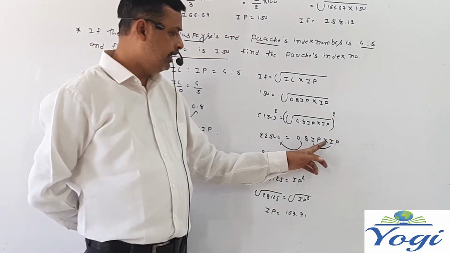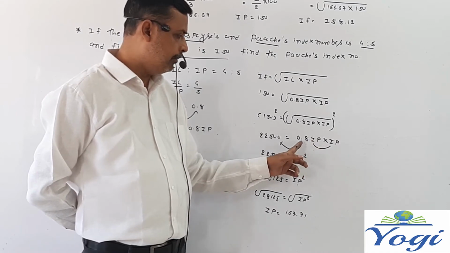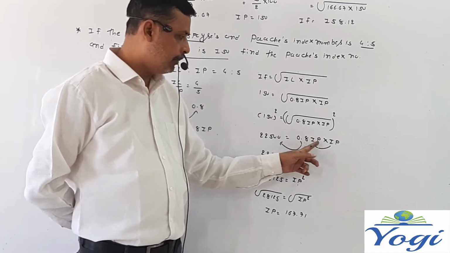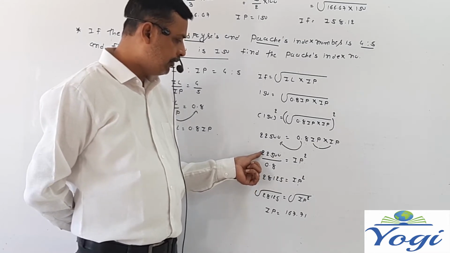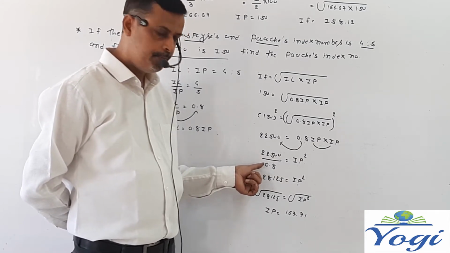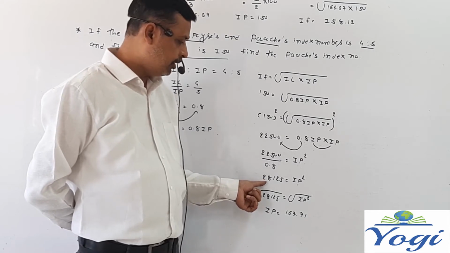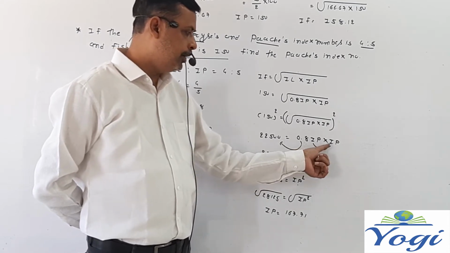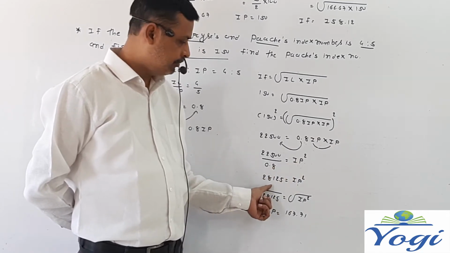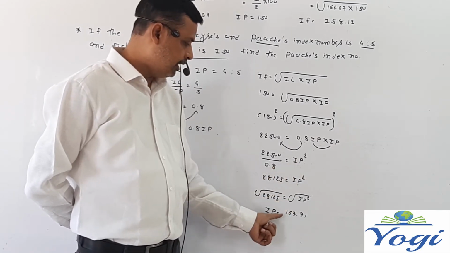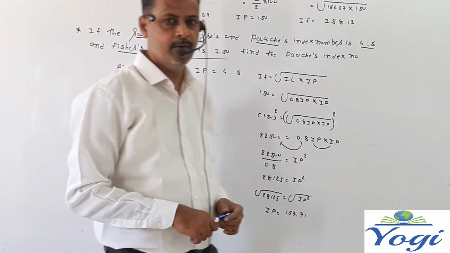Now 0.8 is in a multiply relation, and we change the relation. The multiply relation becomes divide. 22,500 upon 0.8 is 28,125. IP into IP becomes IP square. Then taking both sides root, the final answer is 167.71.